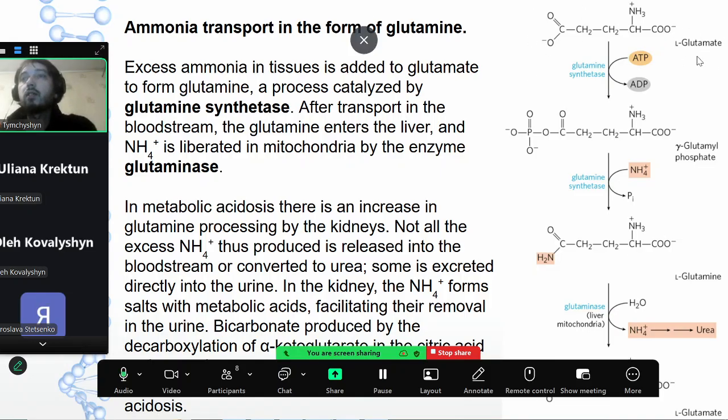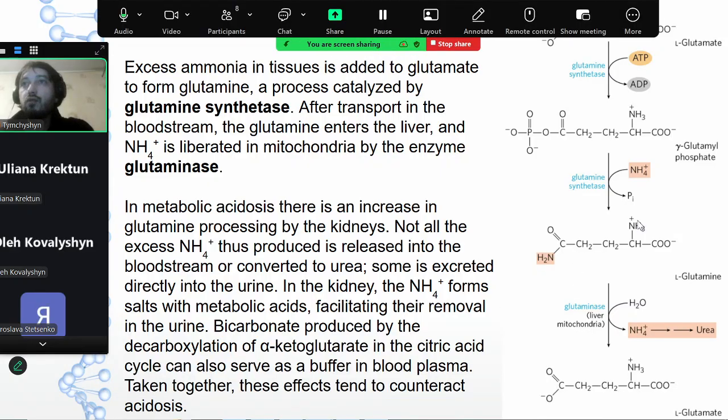So here is L-glutamate. Here you see a unit of energy in the form of ATP is consumed. You get gamma-glutamyl phosphate. Then you attach the nitrogen atom, so this NH4 is attached here in place of the phosphate. Here you have glutamine, so it has two nitrogen atoms.